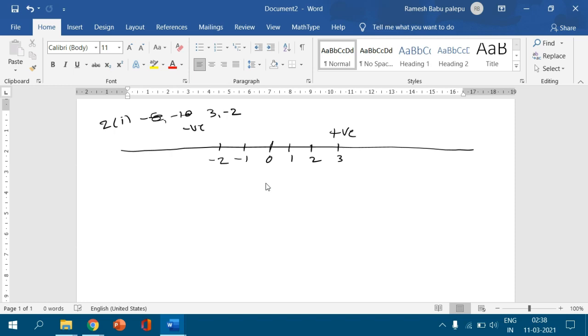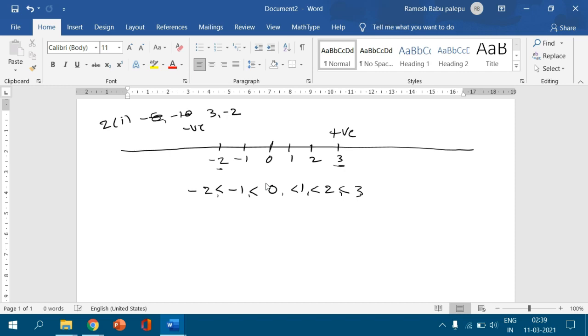The numbers between 3 and -2, including -2 and 3, are -2, -1, 0, 1, 2, 3, right? Friends, we can observe that -2 is less than -1, -1 is less than 0, 0 is less than 1, 1 is less than 2, 2 is less than 3.